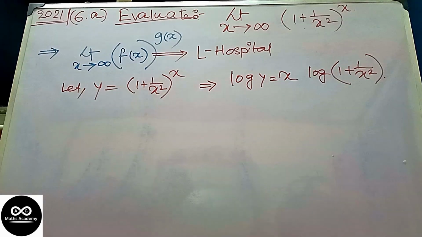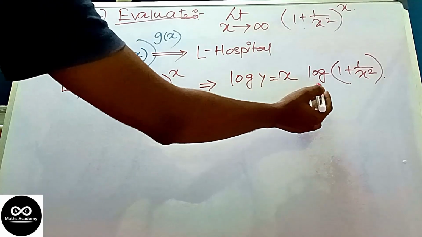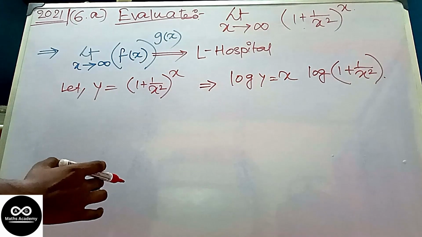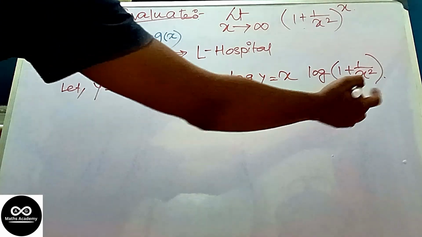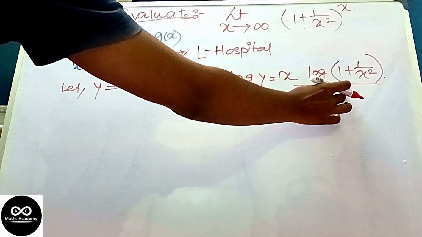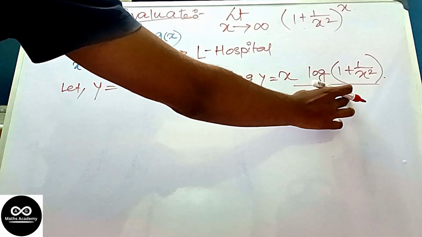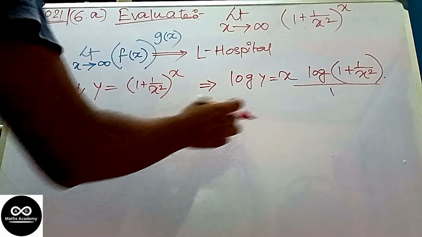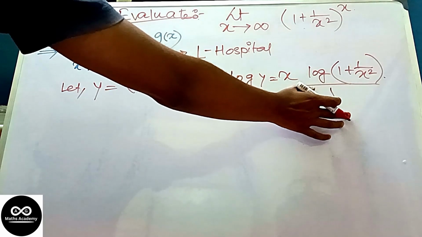Now as you can see, on the right side there is no actual denominator. Well, there is actually a denominator which is 1, but if we differentiate this we'll get 0 obviously. So there is no proper denominator here.